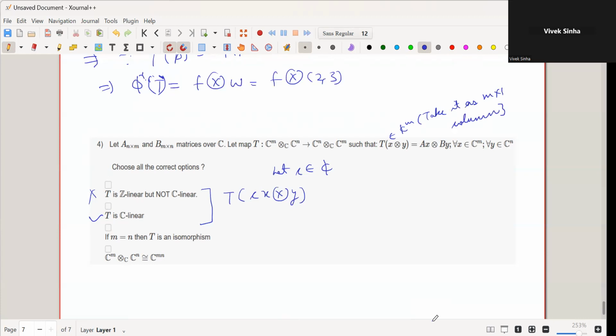Then only you can multiply it. So for Ax, the number of rows of x must be equal to the number of columns in A, that is m. So you have to see it as an m cross 1 column to make the definition correct, right?